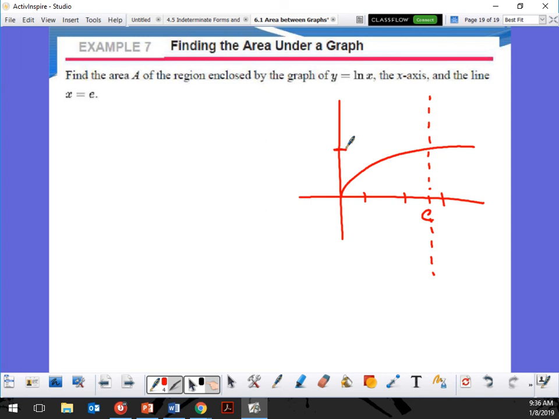Okay, so find area A enclosed by that, the x-axis and the line. This. So it's asking for the area right there. What would be the best way to try and do this?